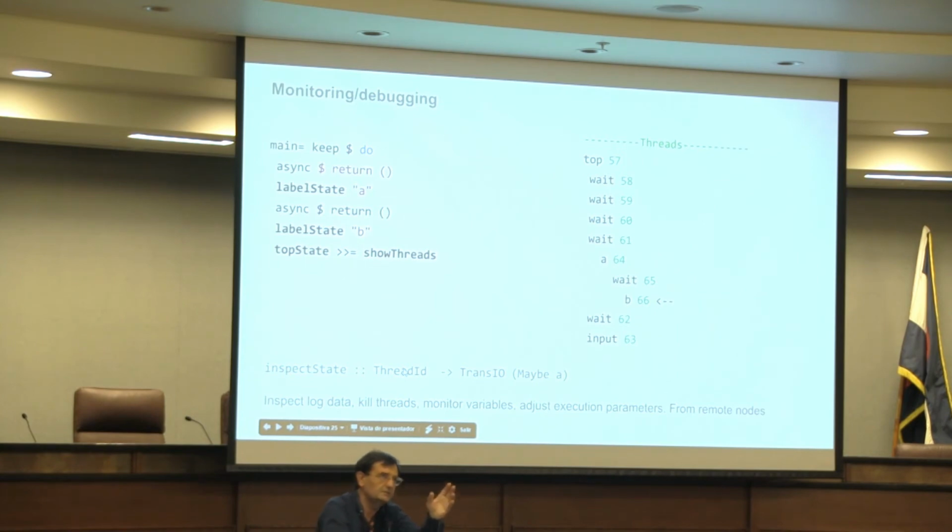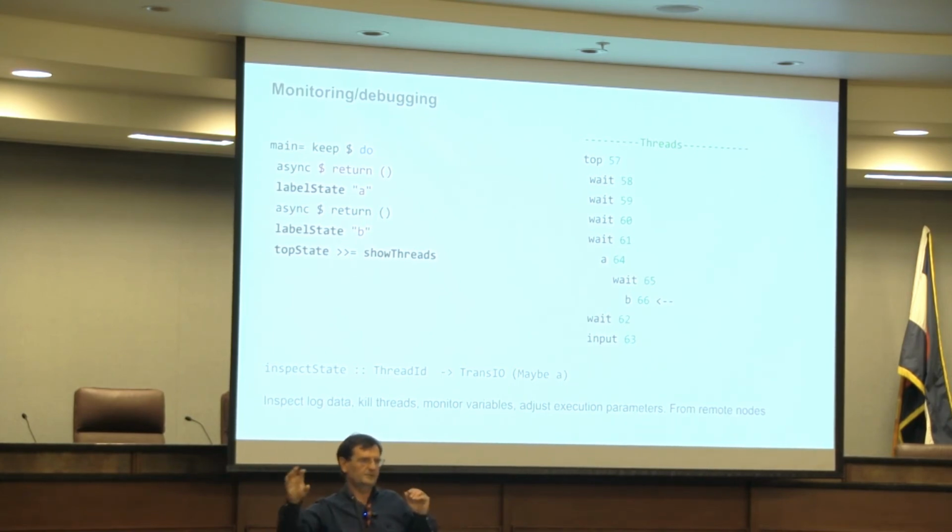We can see this state variable, what its value was, or even modify it. For example, the limit of threads is a state variable. We can modify from a monitor the number of threads limited for a branch of execution.